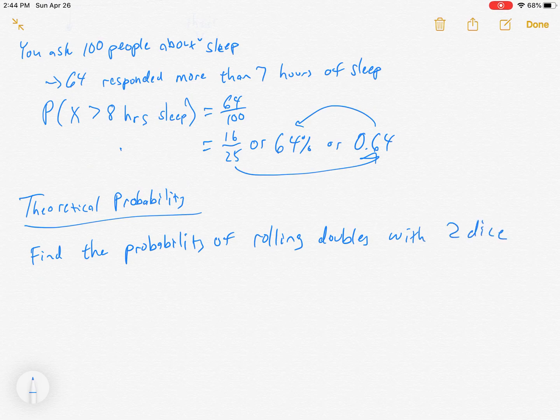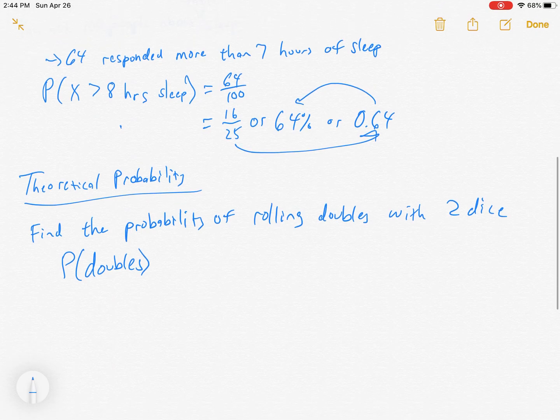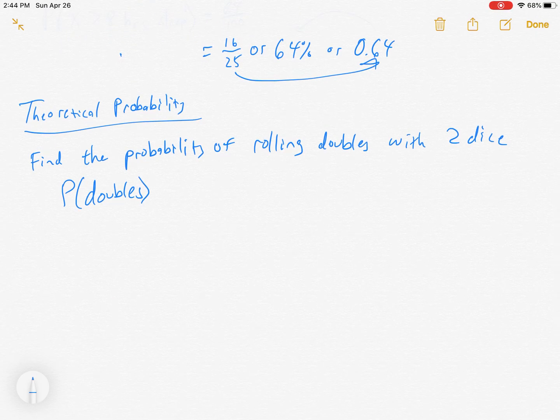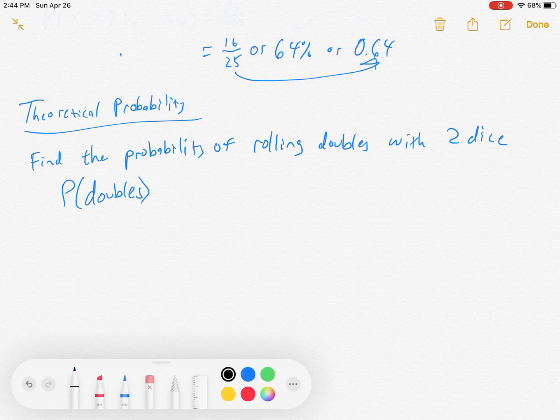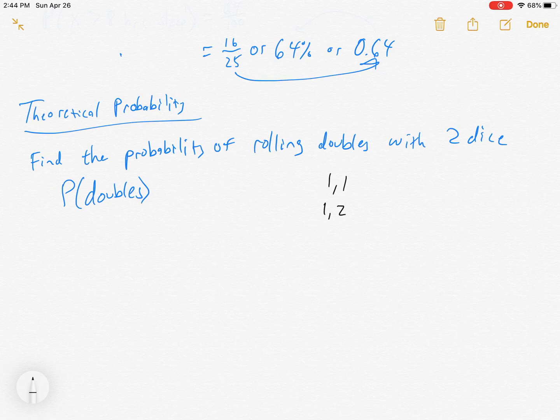For example, find the probability of rolling doubles with 2 dice. I think our book calls them number cubes. So this is the way you write that, probability of doubles. What is it? This is a fun problem. Dice provide a great deal of good problems.